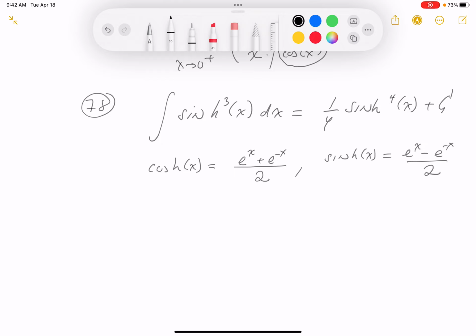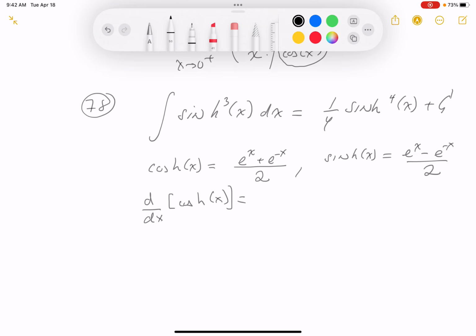And I'm going to square those guys and see what happens. Well, before I do that, I'm just going to show you the derivatives. So the derivative of the hyperbolic cosine, I can look at that and realize it's going to be e to the x minus e to the minus x.